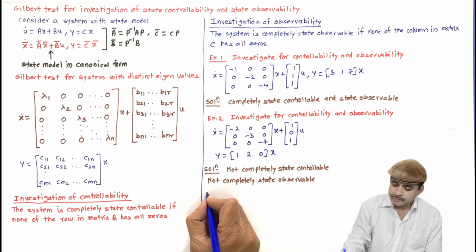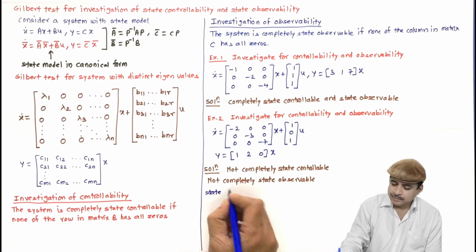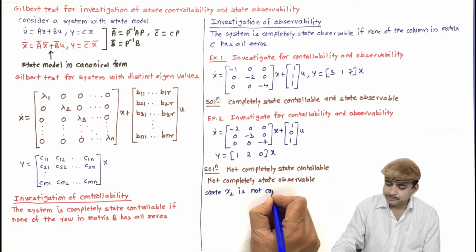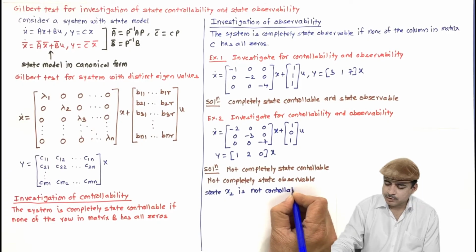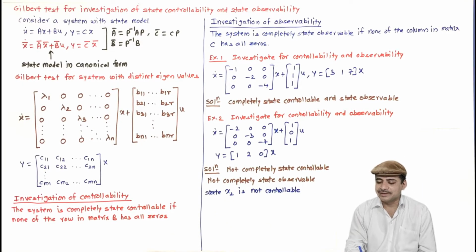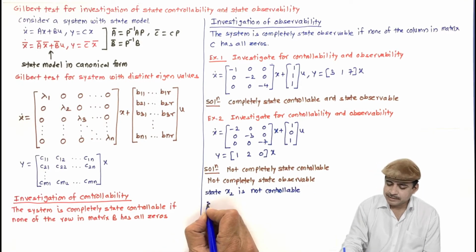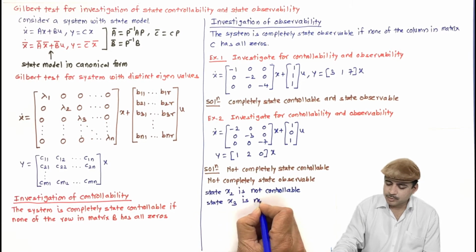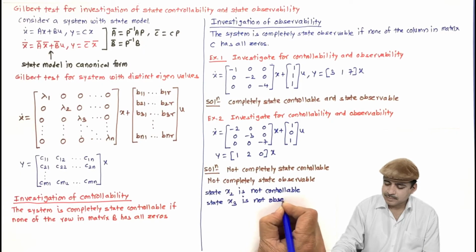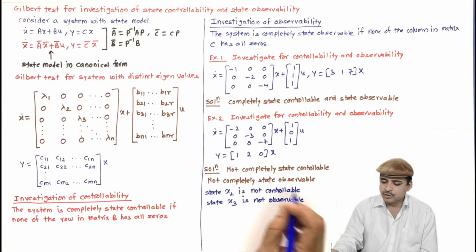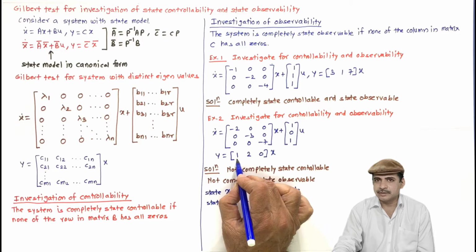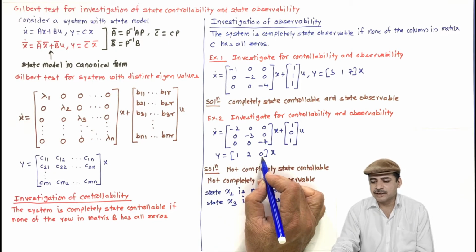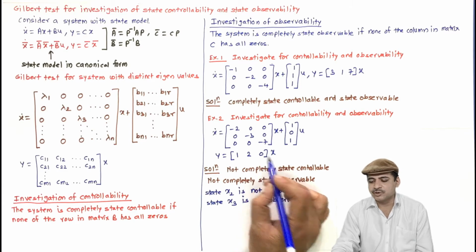So here state x2 is not controllable. This also we can find which state is not controllable. And similarly here state x3 is not observable. Because x1 can be observed, x2 can be observed, but x3 cannot be observed as column corresponding to x3 has all zero elements.